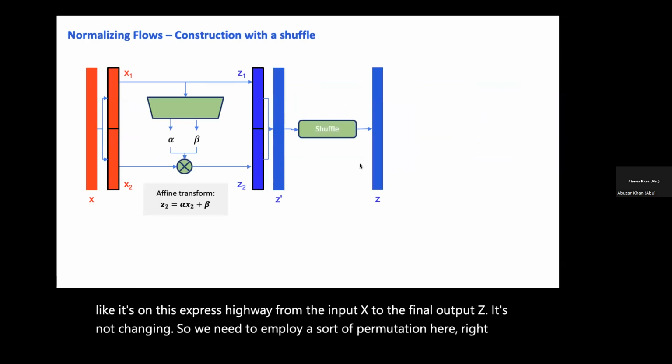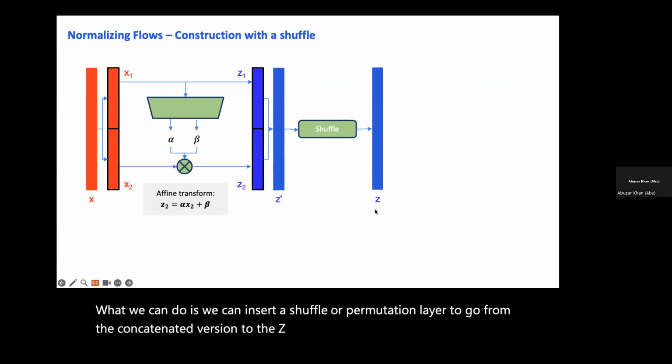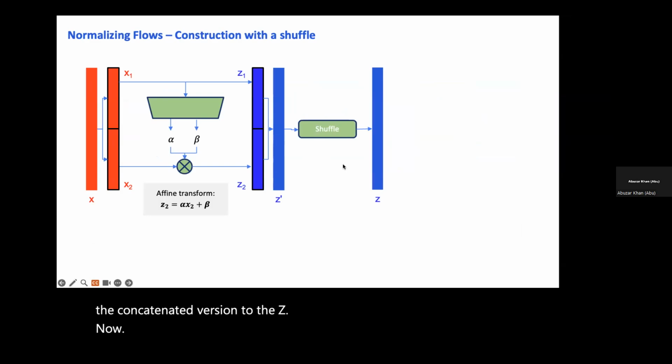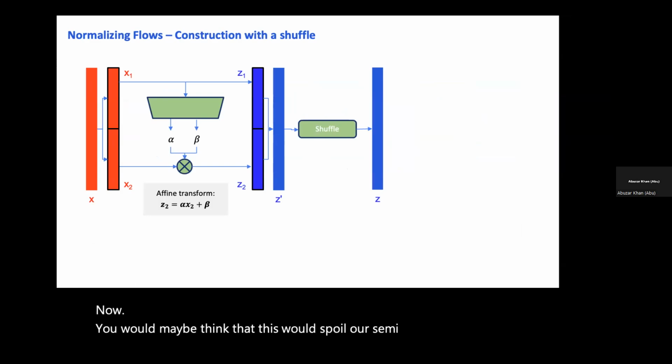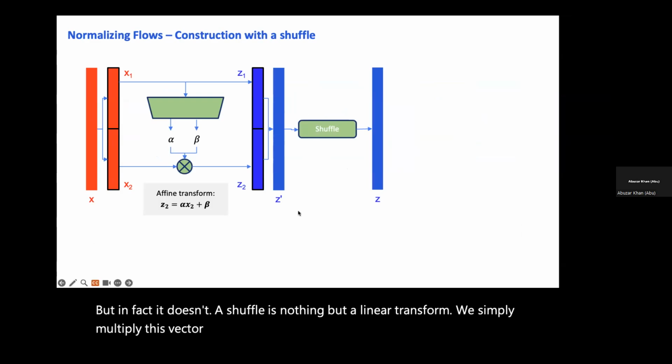What we can do is insert a shuffle or permutation layer to go from the concatenated version to the Z. Now, you would maybe think that this would spoil our semi-invertibility, but in fact, it doesn't. A shuffle is nothing but a linear transform. We simply multiply this vector with another matrix, which is a shuffled version of the identity matrix. We just shuffle things around.